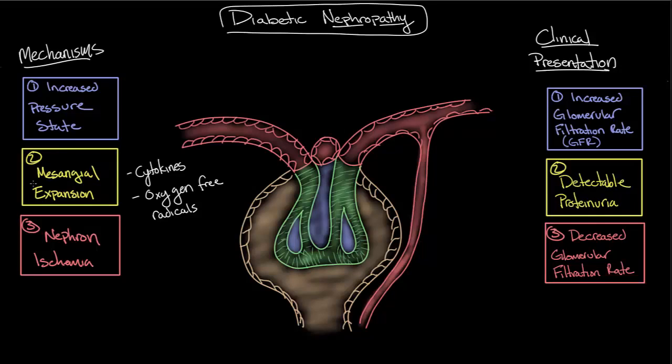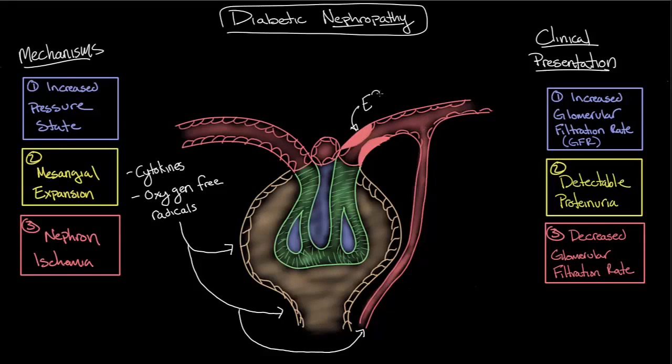However, they don't just damage the mesangium, they damage the cells throughout the tubules as well as the vasculature that supports the nephron. Now, in addition to the cytokines and oxygen-free radicals, this vasculature is further damaged by this efferent vasoconstriction here, which is one of the causes of that increased pressure state.